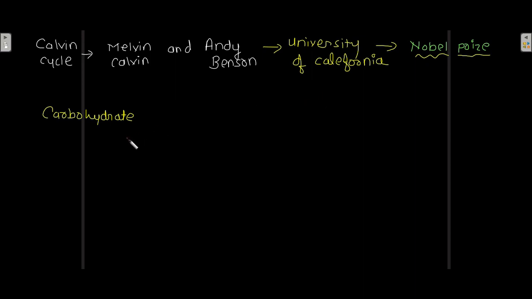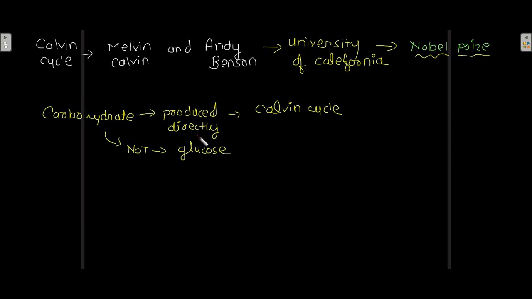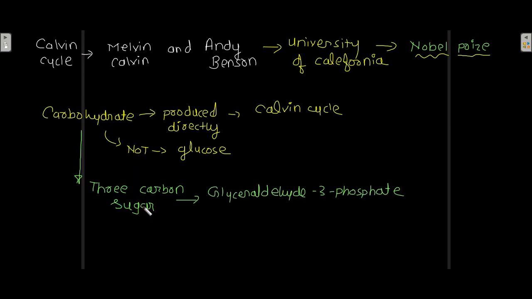Now the carbohydrate which is produced directly from the Calvin cycle is not glucose, but a 3-carbon sugar, which is known as glyceraldehyde 3-phosphate.